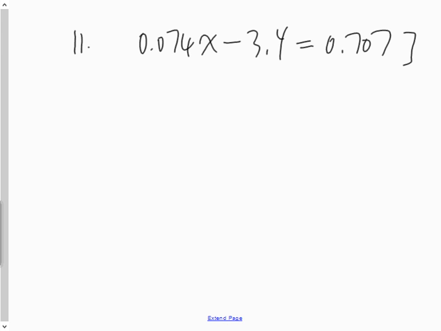So question 11 says 0.074x minus 3.4 equals 0.707. Square bracket sign that shouldn't be there. So the variable is on the left, excuse me. Constant is negative 3.4. So we're going to add 3.4 to both sides.